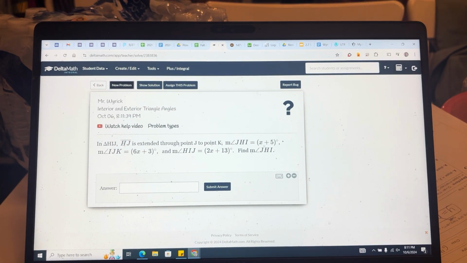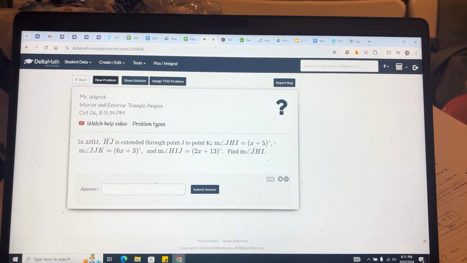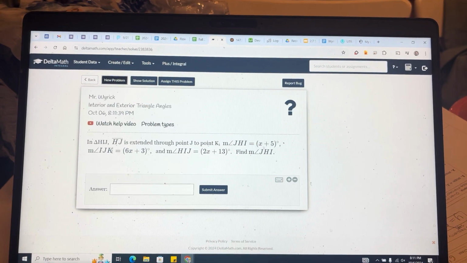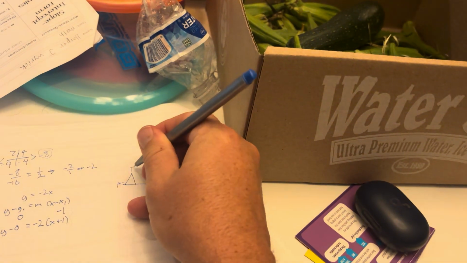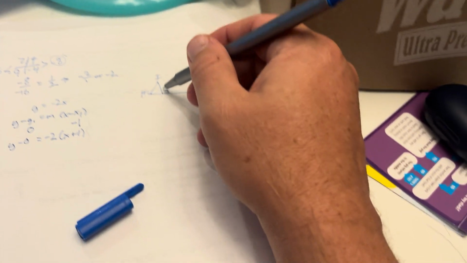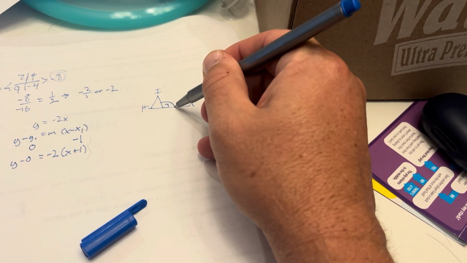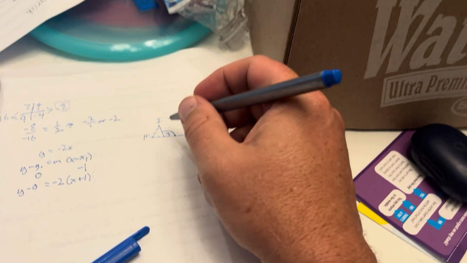HJ is extended through point J to point K. You might want to draw the picture here. K is going to be the one that's outside the triangle. So if you remember these, we did these before. This is like H, I, J, and then K is out here. Okay, so you get IJK. That's my exterior angle. It's going to be equal to these two remote angles.